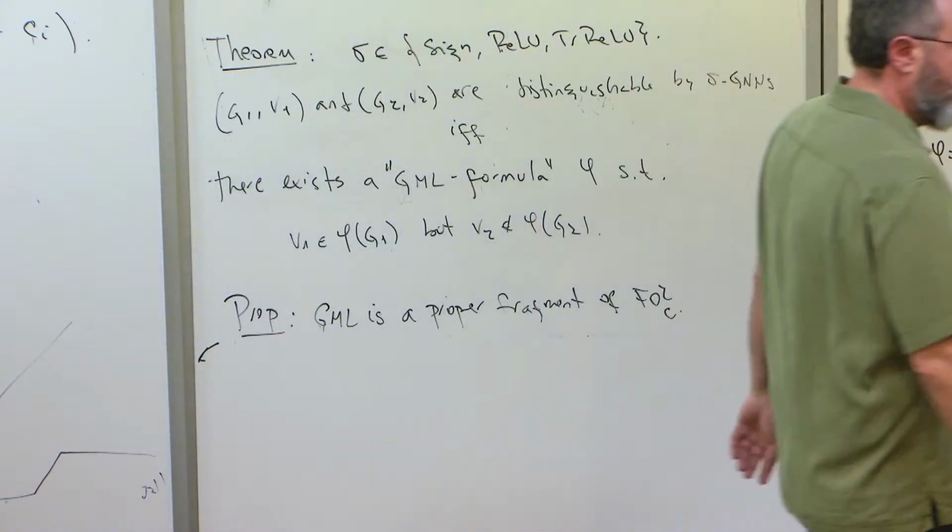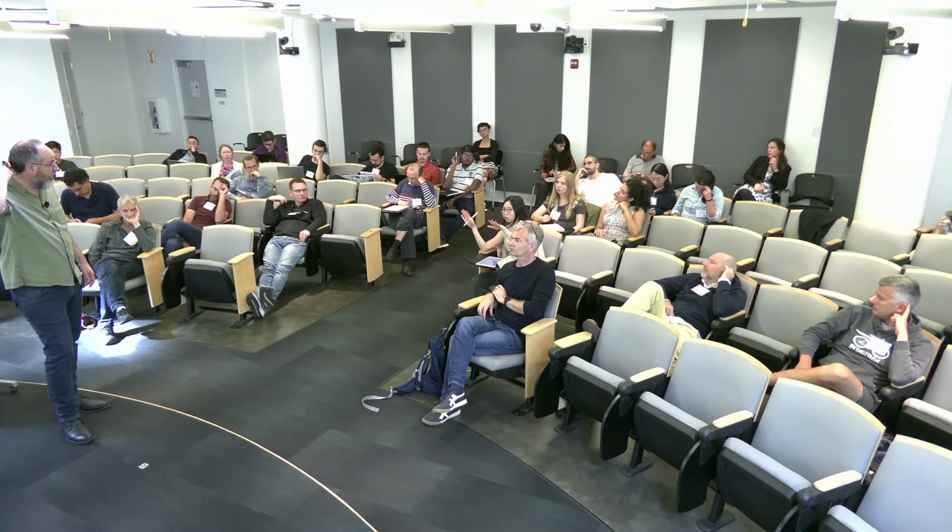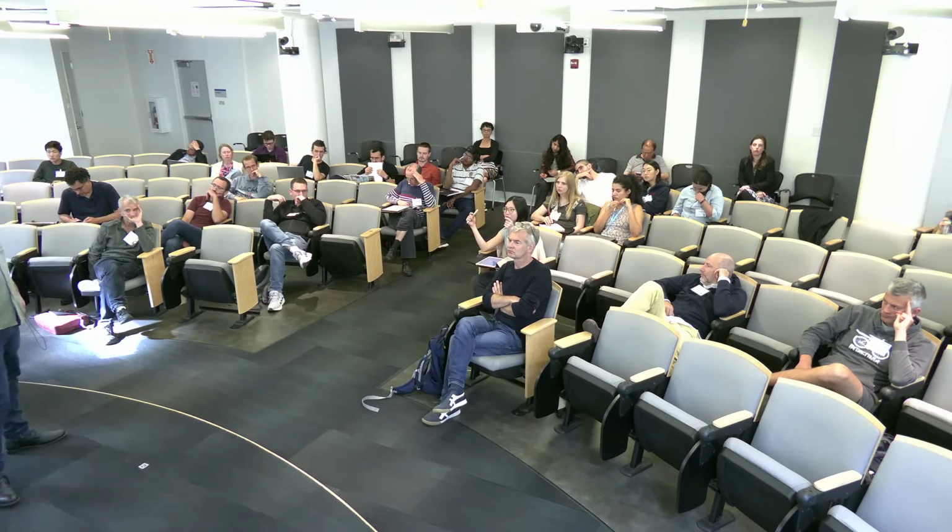So the logical distinguishability, and you said you want to distinguish the tuple G1, V1 and G2, V2. But what if they are isomorphic or equivalent? Let's say G1 and G2 are both triangles. If there is an isomorphism that maps V1 to V2, there is no way I can distinguish them.